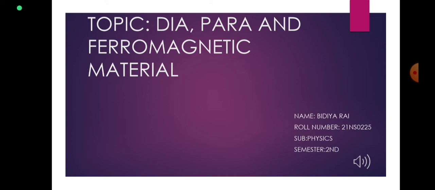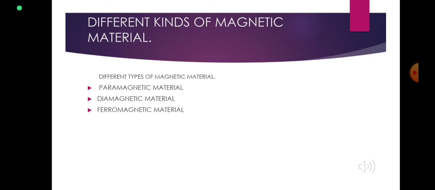Going to present my presentation on the topic different kinds of magnetic materials, that is paramagnetic material, diamagnetic material and ferromagnetic material. The different types of magnetic material are paramagnetic material, diamagnetic material and ferromagnetic material.